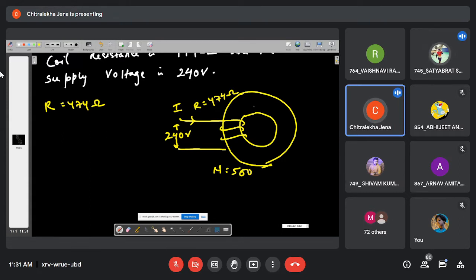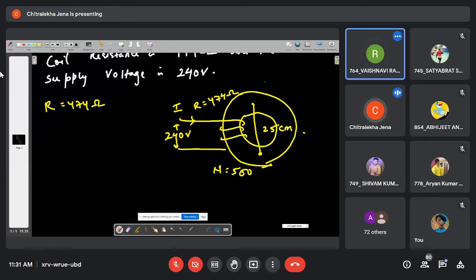Only diameter? Say mean diameter. If you say diameter, there will be two diameters; mean diameter means this one. So the mean diameter is 25 centimeter. Then what else is given? Relative permeability is 250. Very good.